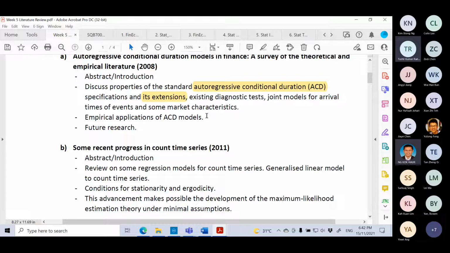For example, you want to know how many dengue cases per day, and you survey the time series from, let's say, 2020 until 2021 to date. That is called count time series data.